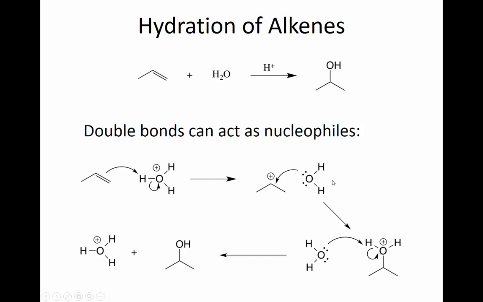We're starting with acid here. Then this oxygen will donate electrons to form this charged intermediate. Again, we get the water coming to grab a hydrogen, reforming that acid, and now we have an alcohol.